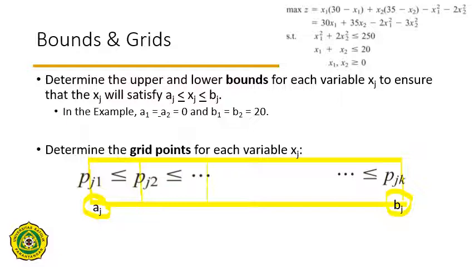So you're going to cut, and this is the final cut. You notice that the first grid point is equal to the lower bound, and the last grid point is equal to the upper bound. So here we divide the entire range into k grids.